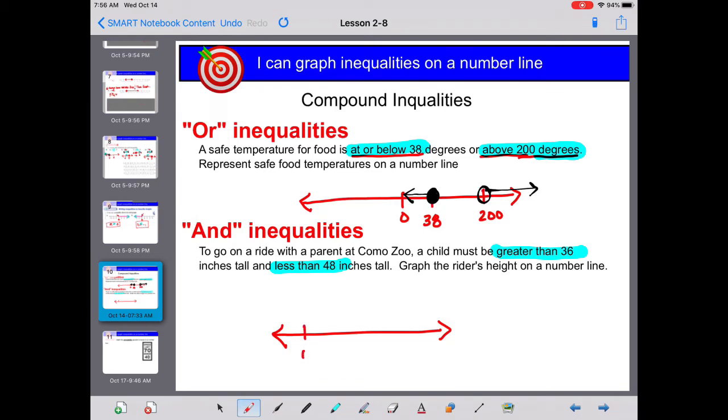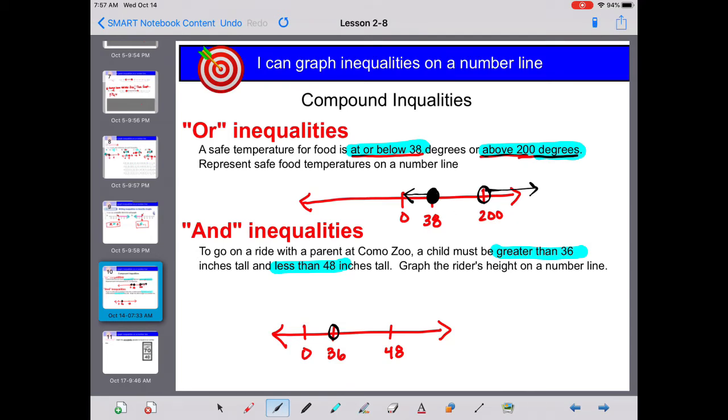Again, we're going to put 0 on there. We're also going to put the 36 on there and the 48 on there. Now let's start with graphing greater than 36. You have to meet both criteria in an "and" inequality.